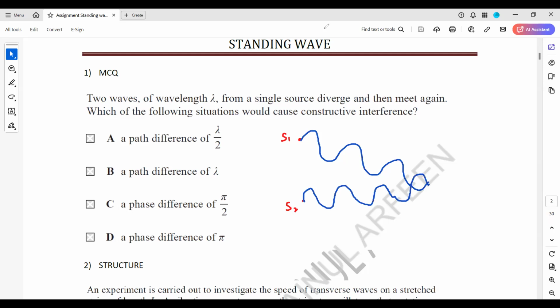As you can see, one wave has completed 3.5 wavelengths and the other has completed 3 wavelengths. So what is the path difference?